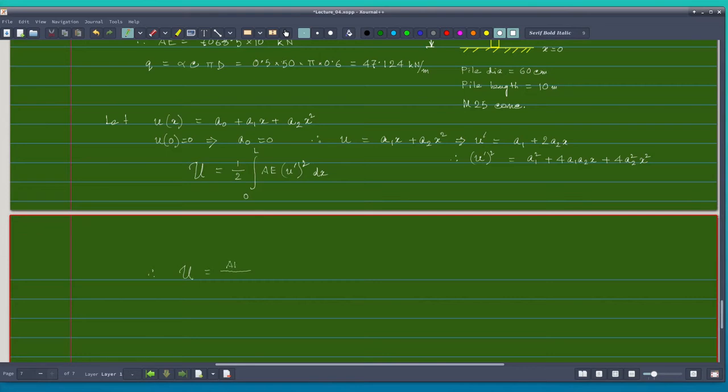AE by 2 into integration of 0 to L, A1 square plus 4 A1 A2 x plus 4 A2 square x square dx.